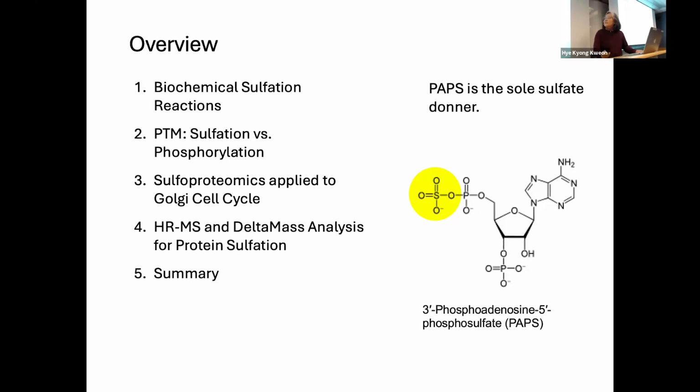And then I'll introduce the sulfoproteomics workflow that I applied to Golgi cell cycle, and how high resolution mass spectrometry and delta mass analysis is used for protein sulfation analysis.